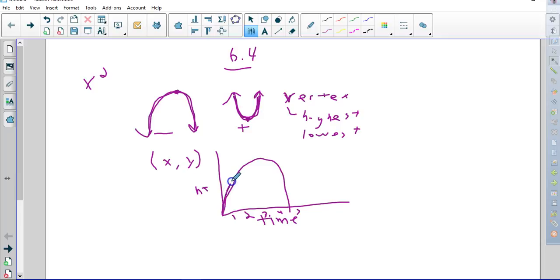So height is increasing as it goes through time, and at some point here, according to this picture, around 3 seconds, it's going to stop climbing and start to fall back down to earth and eventually hit the ground over here. So your x-axis down here is going to represent the horizontal, and y is the vertical. So if we went over here so many seconds and went straight up, that's your y. So here's my x and here's my y.